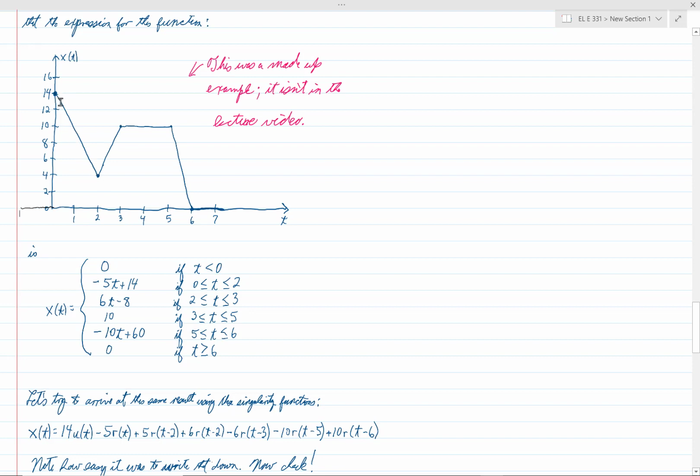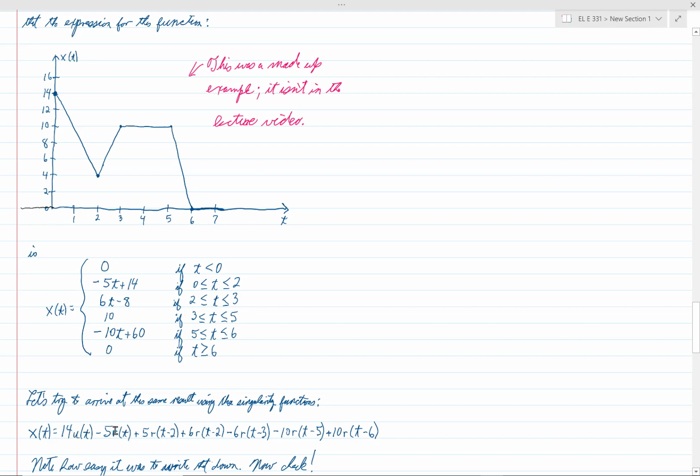So it goes down, it has a vertical change of -10 and a horizontal change of 2. So -10 divided by 2 is -5. So that's where we get the -5r of t. And again, that ramp starts right here at 0, so that's why it's r of t and not r of t minus 1 or t minus 2, anything like that.